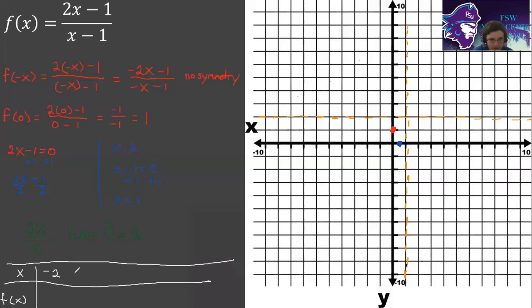I'll choose the points -2, -1, 3/4, 2, and 4. And these are what I'm going to plug into x of the function. Plugging them in, the following values occur.